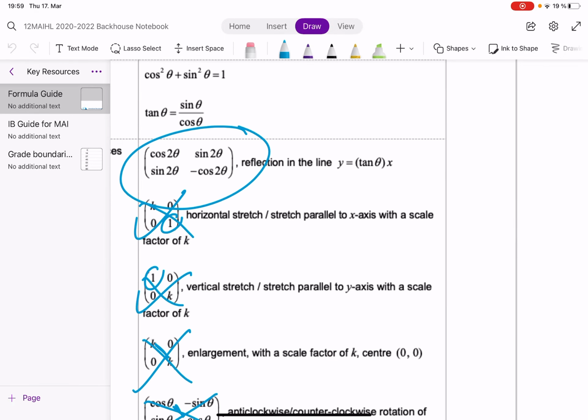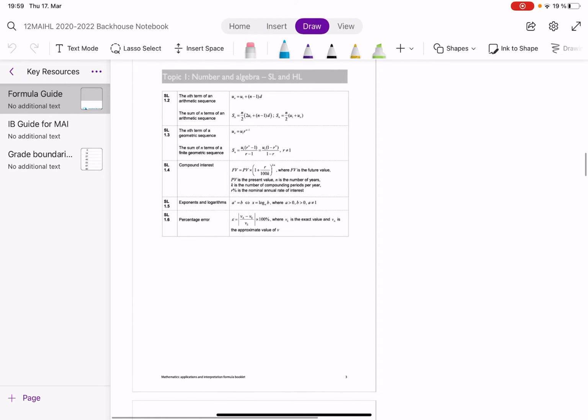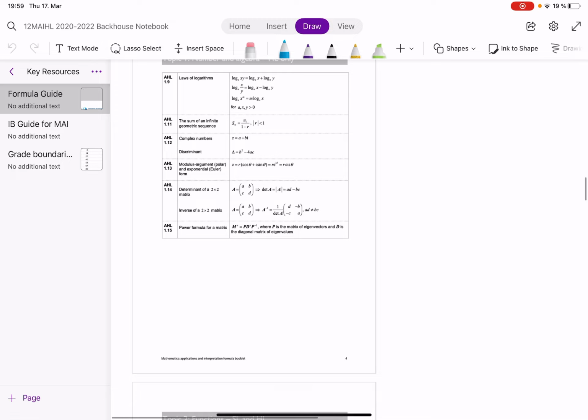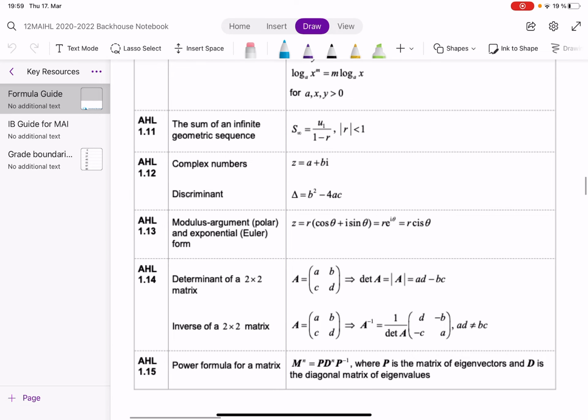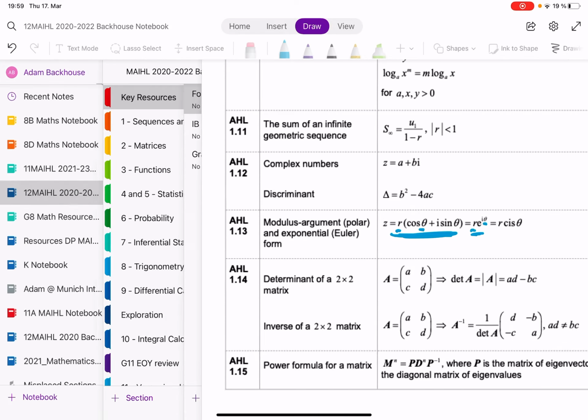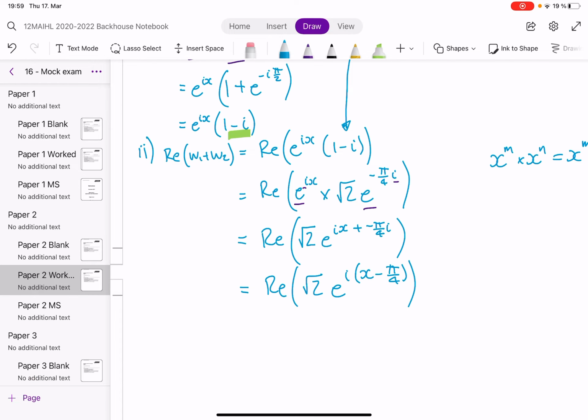In your formula guide, which I'm going to have to tidy up after this, we have something on complex numbers here. We have this form at the moment. We're talking about the real part, and it's saying we want to write it as a cosine function. So I'm going to have to switch it into this trig function. So the real part is going to be the r, which is the same r value, times cos theta, which is the same theta value. So let's go back here.